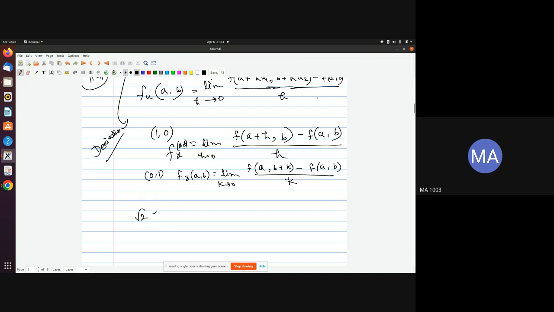You are saying root 2h. If h is tending to 0, what is this limit? It is 0. And if I say just this, it is still 0. Is it changing anything? No. So this scalar quantity doesn't matter actually. I can take it outside. The constant we can take out. Okay, fine. So this is what we are using.